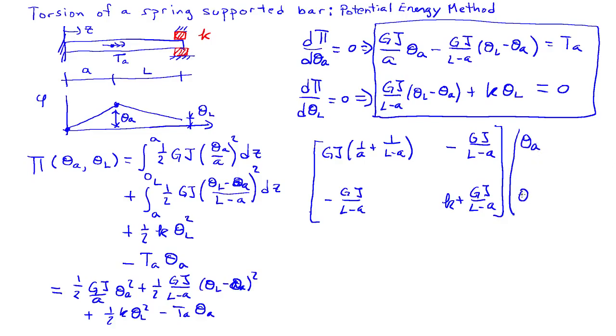Multiplying theta A, theta L, is equal to T_A over 0.